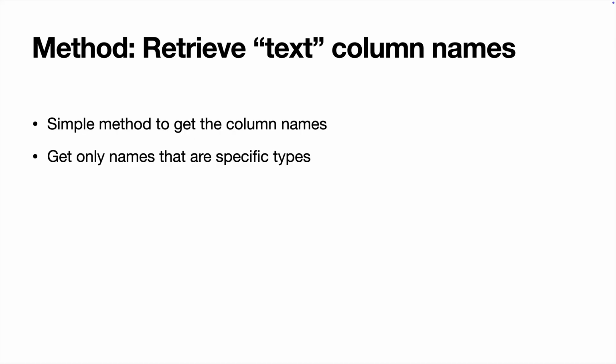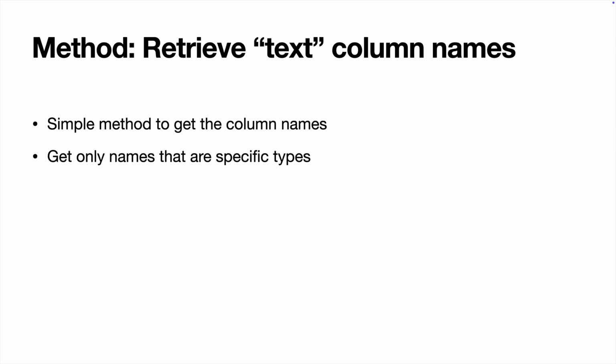The last method we need to fix is retrieve text column name. Now, the purpose of this method is to give you possible names of columns that you could choose from if you're creating a dataset. So you already have your table. It's got a list of potential column names to use to pull data out to create your dataset.